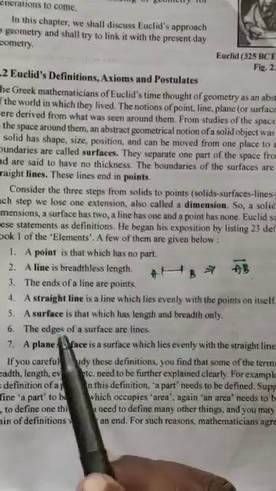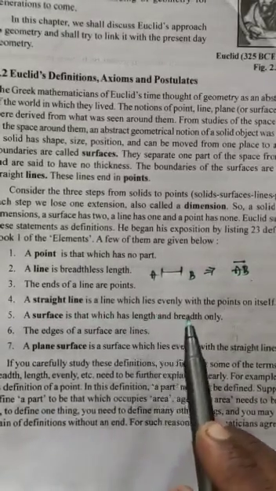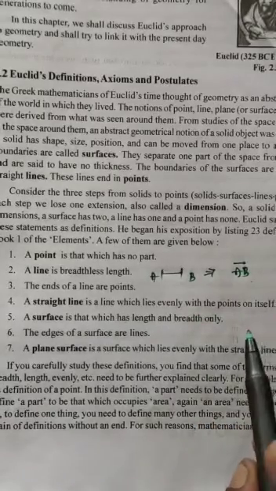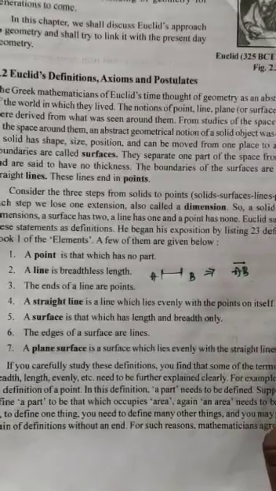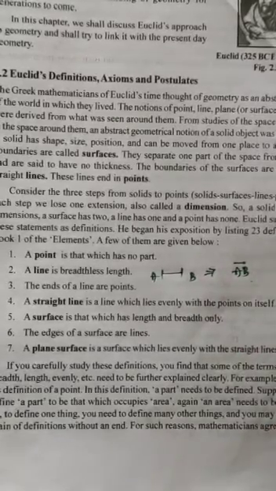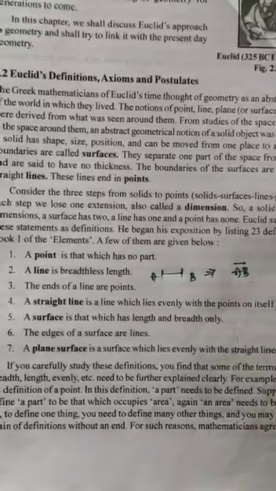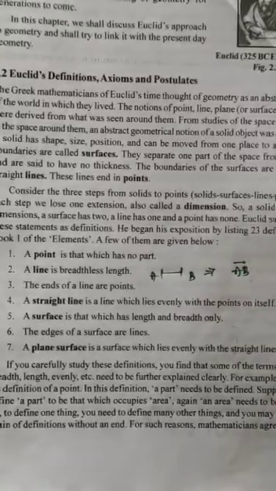A straight line is a line which lies evenly with the points on itself. So a straight line has no end point. See, this is a straight line with double arrow marks, and it can be represented as PQ.